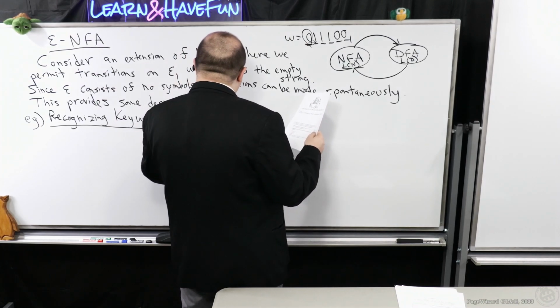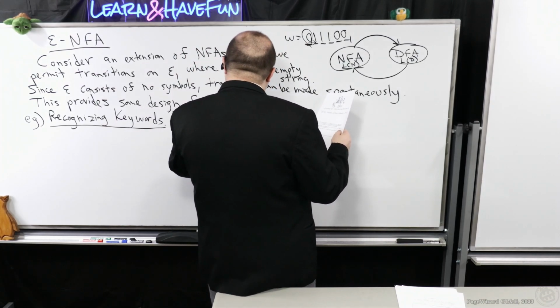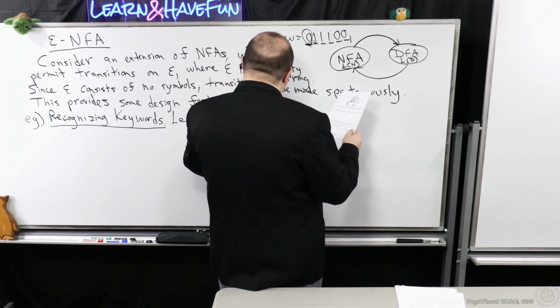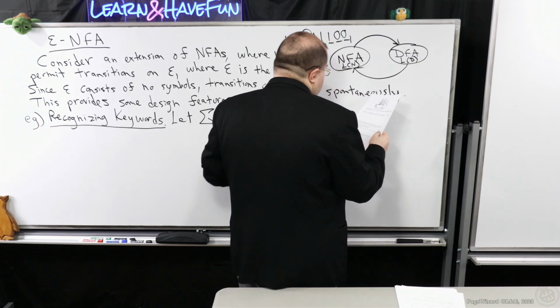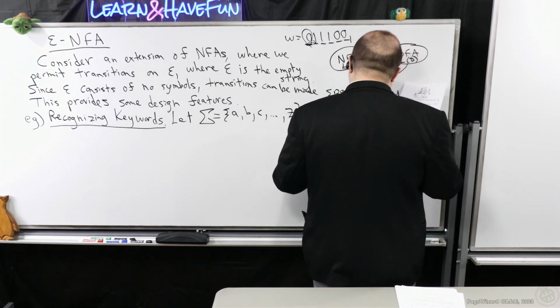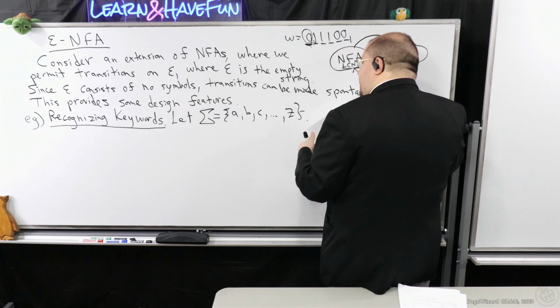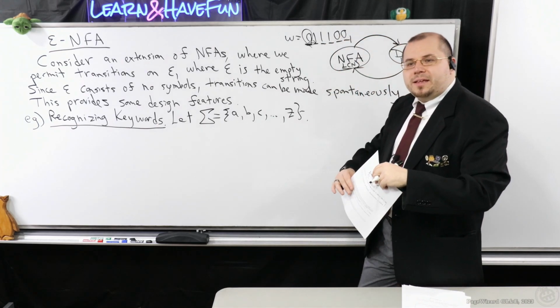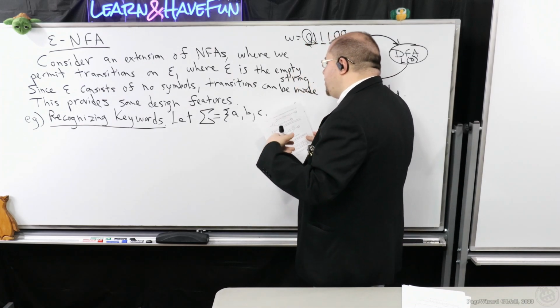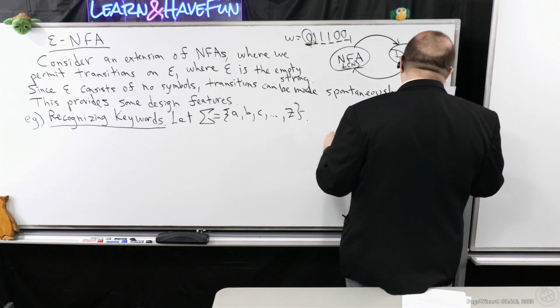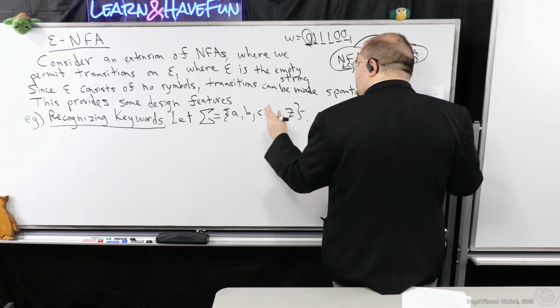Suppose that we're going to consider strings over the lowercase alphabetical letters of the English language. So suppose that we have this alphabet that all of our strings are going to be over. And suppose that I wanted to detect certain key phrases, just like we've talked about before.